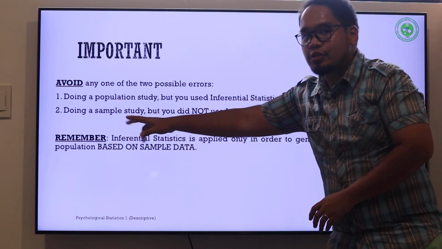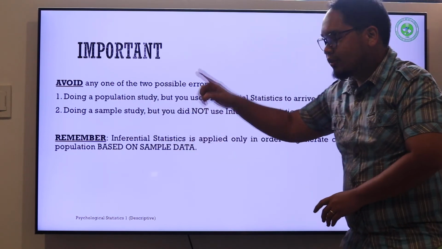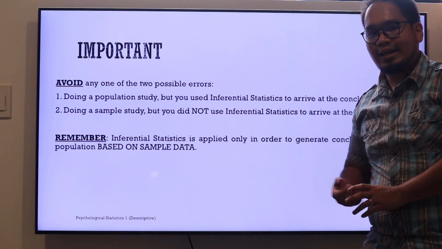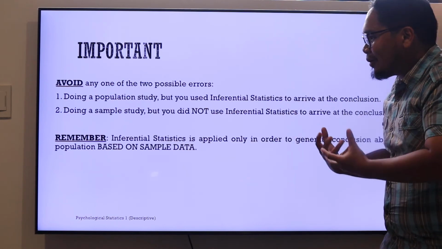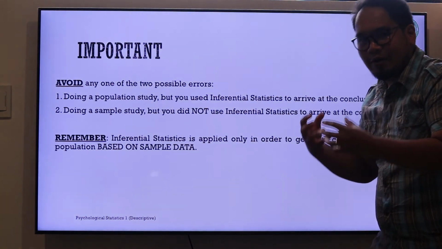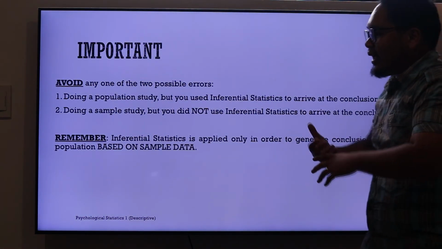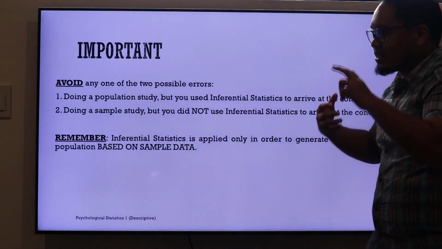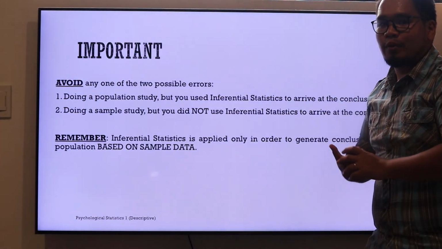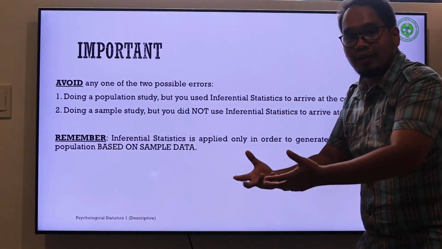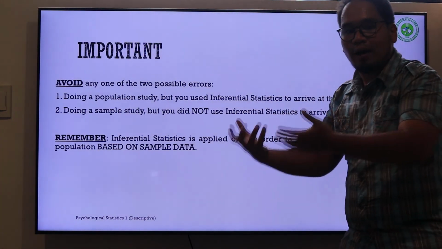When you're doing a sample study but you did not use inferential statistics to arrive at the conclusion, that is also an error. Again, our research papers are always about the population. That's why in the research process, it is number 2 to determine the population, because all your results must be about them. Not about the sample, but about them.